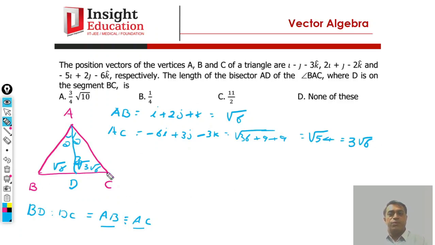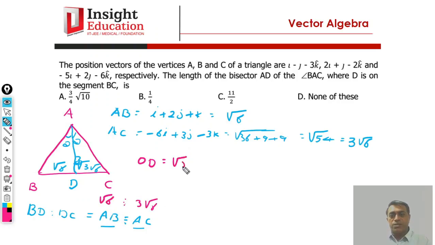So now if you want to find the position vector D, OD is equal to, if we take the ratio, here it is root 6 and here it is 3 root 6.